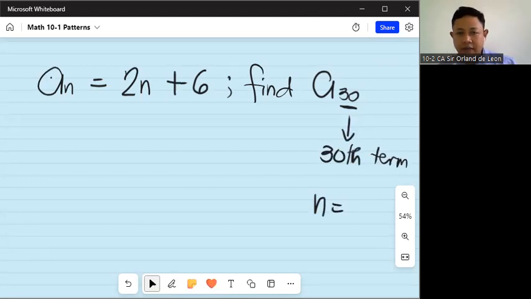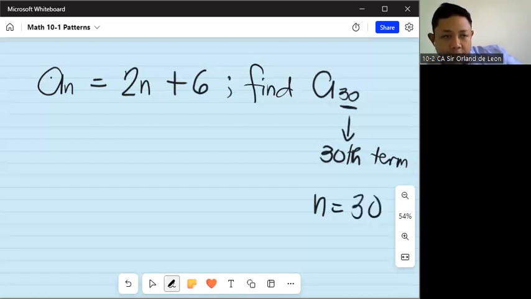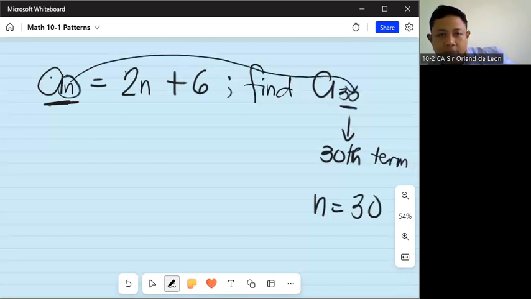Please write it in the chat box. I would like to see your answer. Very good. So therefore, n here is actually 30. Following the pattern of A sub n and this A sub 30, this small n's value will be 30.